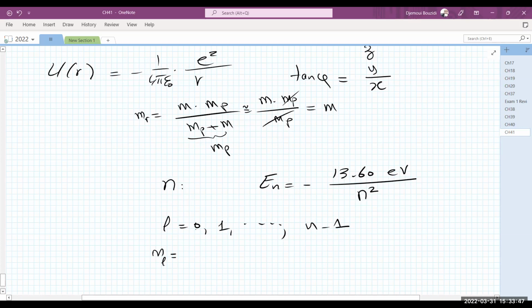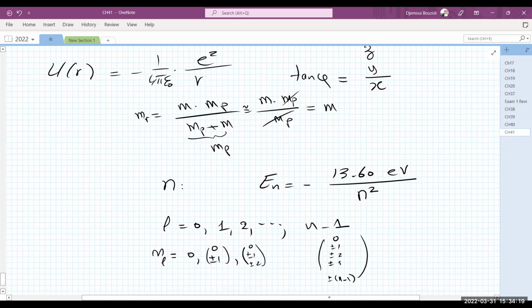If you choose 0, it's 0. For 1, you have 3 choices, 0 or ±1. For 2, you will have 5 choices, 0, ±1, or ±2, and so on and so forth. All the way to here, of course, you will have a bunch of choices, 0, ±1, ±2, ±3, all the way to ±(n-1). Okay, so this is basically the solution that you end up with.